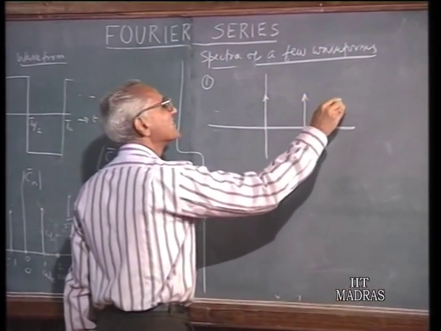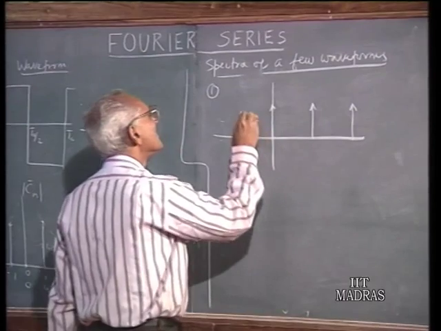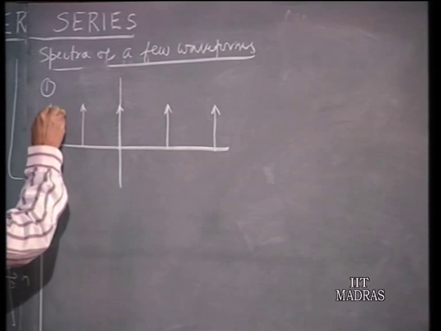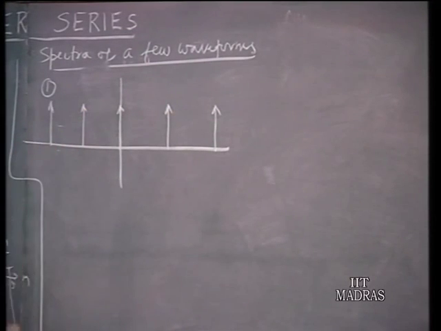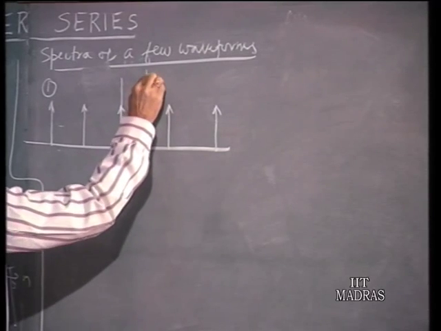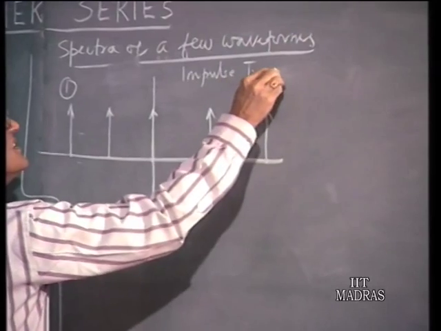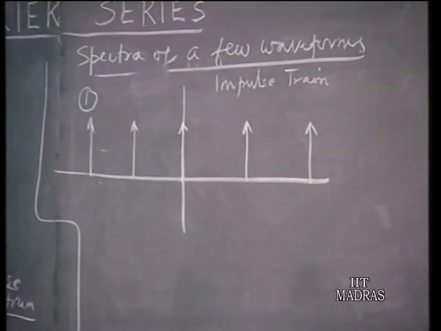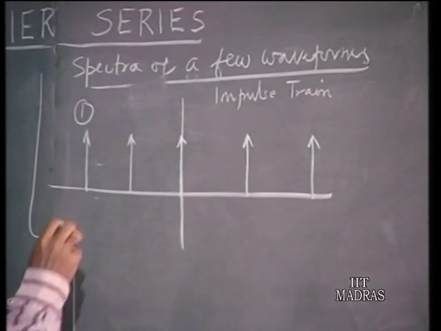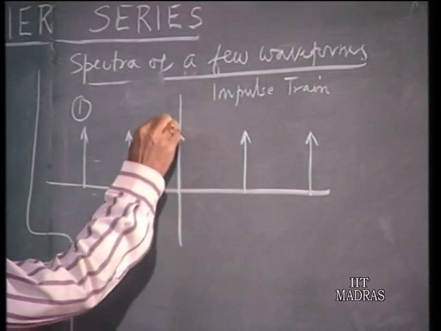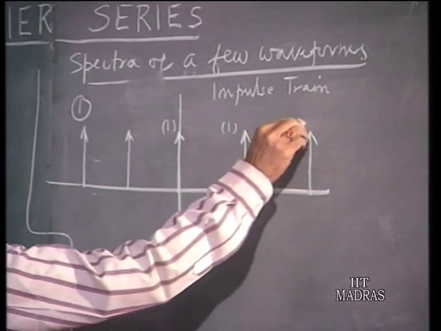Suppose the periodic function that we are talking about is a periodic impulse train. So each is an impulse, a delta function of unit magnitude, unit strength.